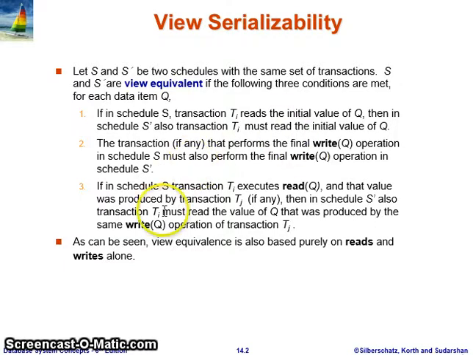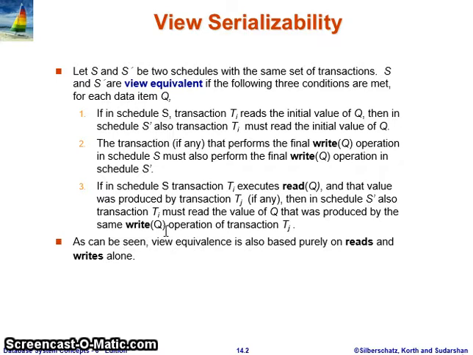The third condition says that if in schedule S transaction Ti executes read on data item Q and that value was produced by transaction Tj, then in the schedule S dash also transaction Ti must read the value of data item Q that was produced by the same write on data item Q by the transaction Tj.